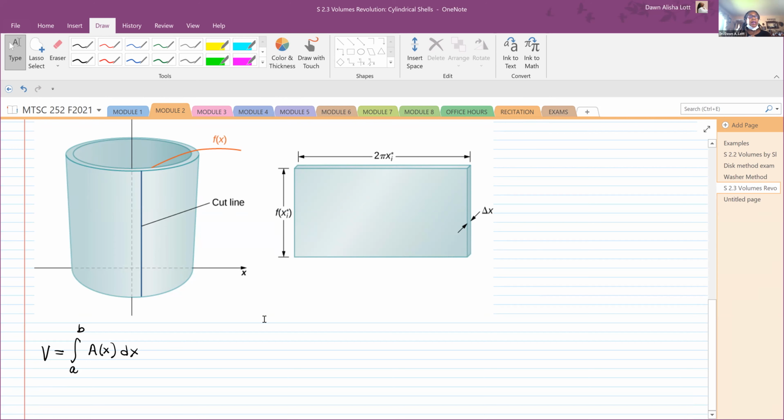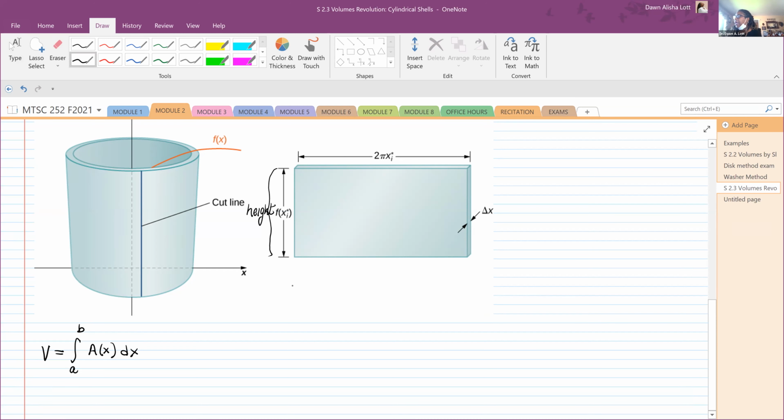Okay, so we have this region that's being wrapped around. It's still an area. So when I take my soda can and I slice it up the middle and press it flat, that's the area that I'm looking at. So what is that area? Well, the area is the height of the soda can. So whatever this height is, that's the height.